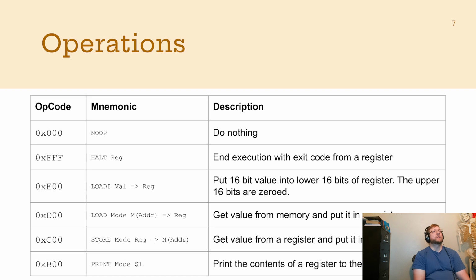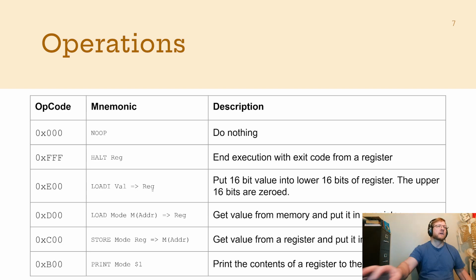Some basic operations. The opcode, 12 bits worth: if it's all zeros, that's a no operation, which means do nothing. If you pass FFF, then we will take the value in a register, and that will be what we return as we exit from the virtual machine. We're going to say that E means load a value into a register.